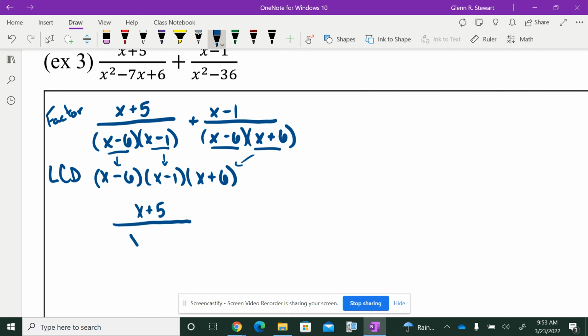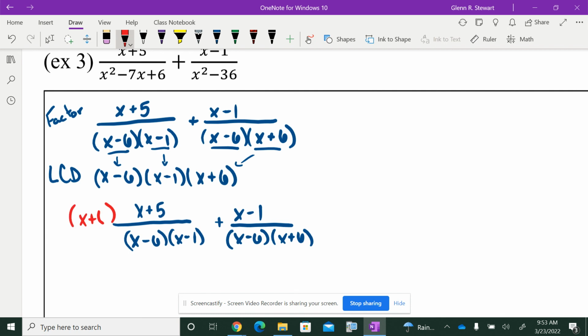So I'm just gonna rewrite this. Okay. And on the left side, it looks like I need an x plus 6. So I'm going to multiply that. And then on the right side, it looks like I need in my denominator an x minus 1.